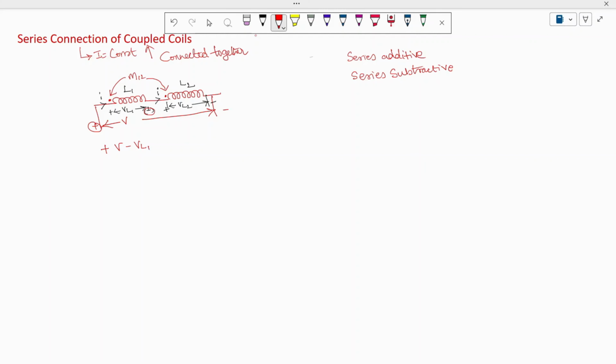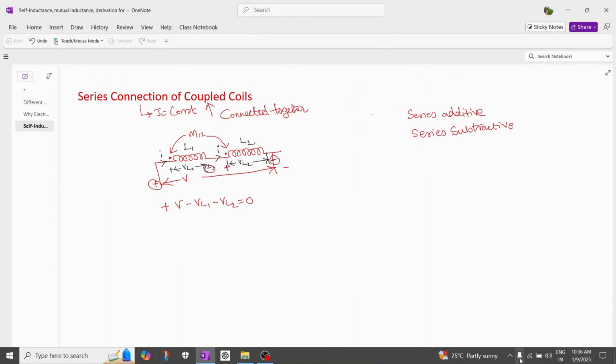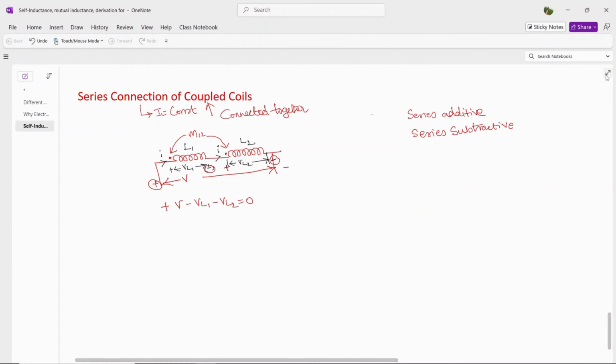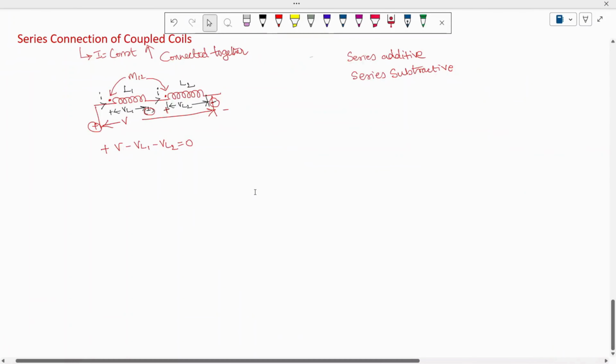Again, current enters at the positive terminal and leaves at the negative terminal, so this is minus VL2, and that equals 0. So we successfully applied Kirchhoff's voltage law, and from this KVL equation we can write V is equal to VL1 plus VL2.